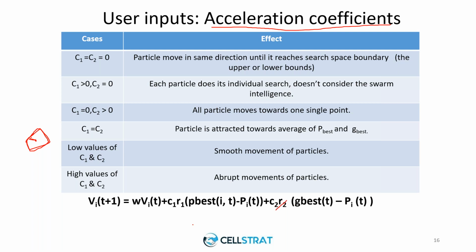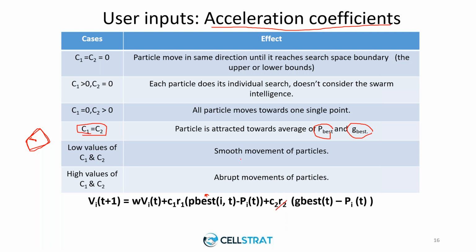The other way, if C1 becomes equal to zero, all of the particles would be moving towards one single point without taking into account the p best, because there are times when the p best would be better than the global best, and that direction will not be taken into account. So ideally you want the particle to be attracted by both p best as well as g best.